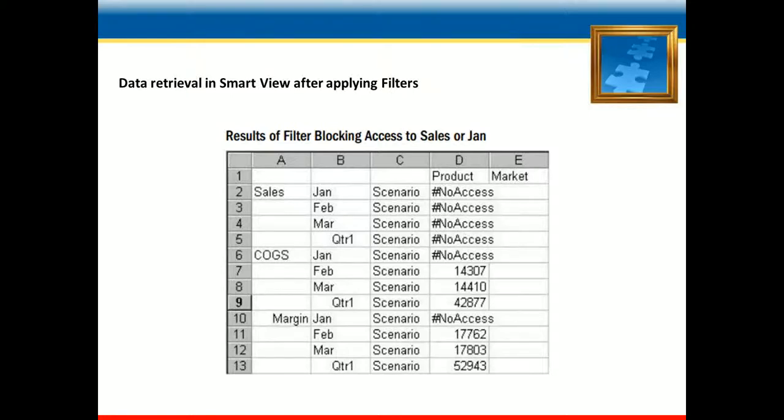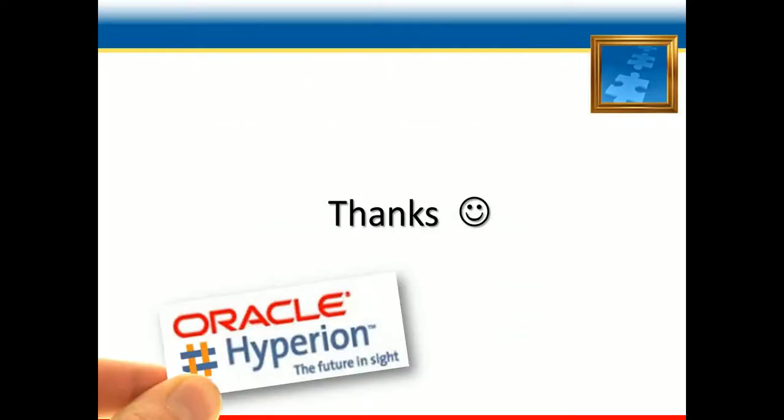So the user has been restricted to the sales member for the month of January. Based upon the retrieval, quarter one will also not have access, because the intersection has been completely blocked from access.